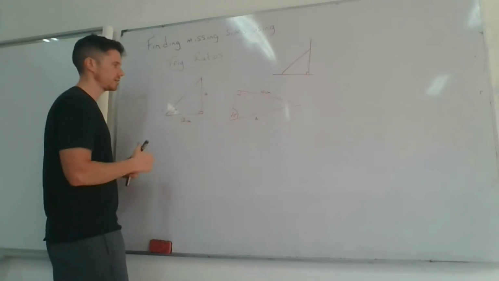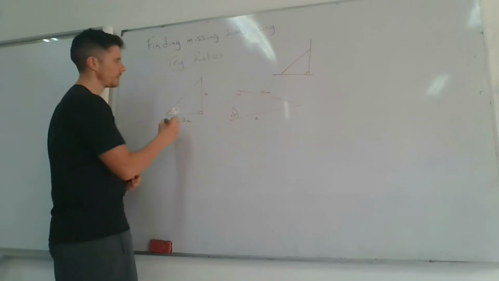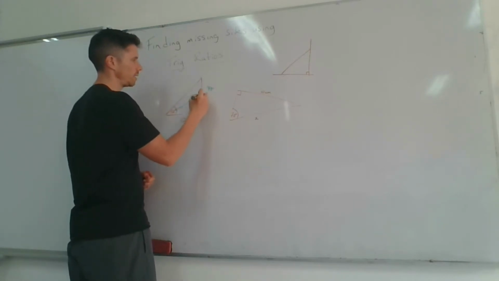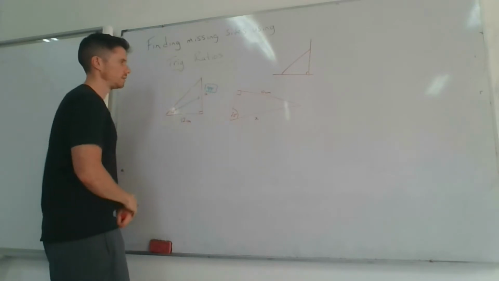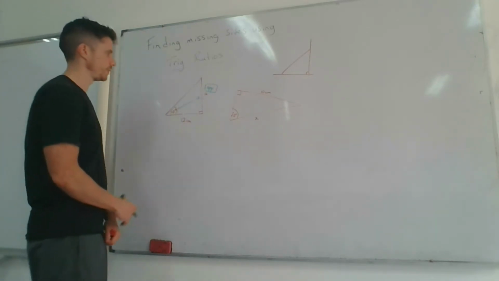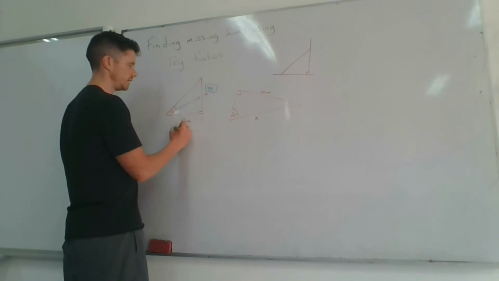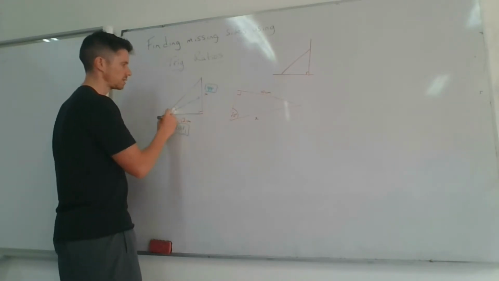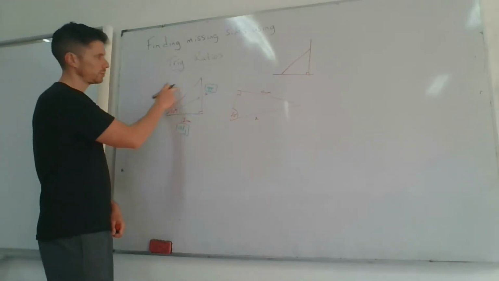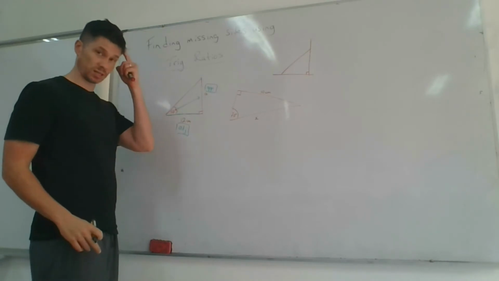So these two sides, let's call them there. This side is opposite because it's directly opposite the angle we are dealing with. This side is the adjacent side because it's alongside the angle we are dealing with. We do not have the hypotenuse, we just have opposite and adjacent.